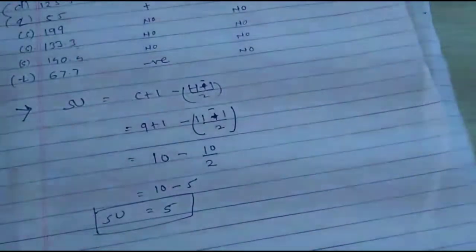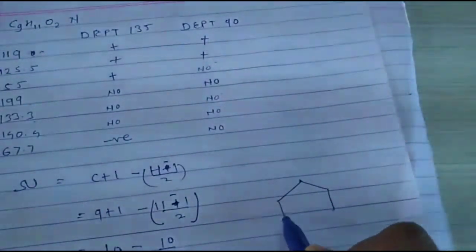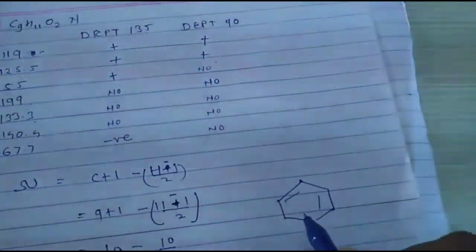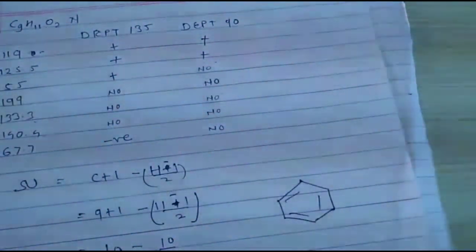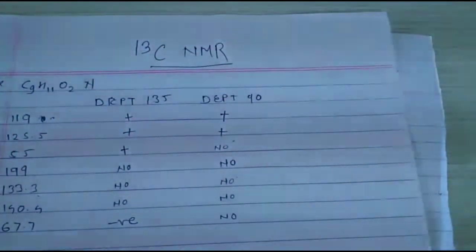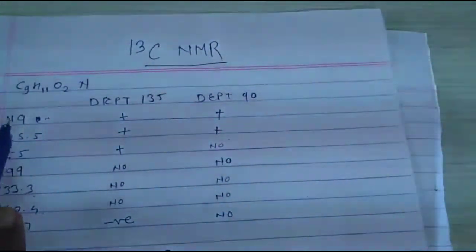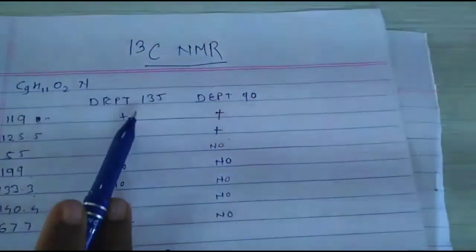If sites of unsaturation are 5, what do we consider? There must be the benzene ring. So draw the benzene ring first. Okay, like this one. Now we learn the DEPT values given here. First is 119, positive, and it is a very strong doublet.